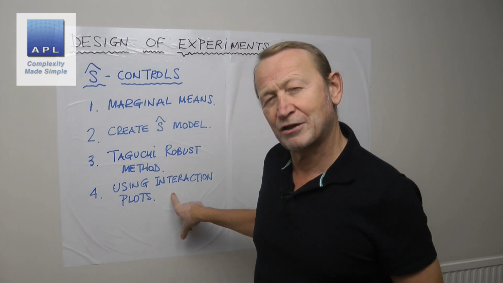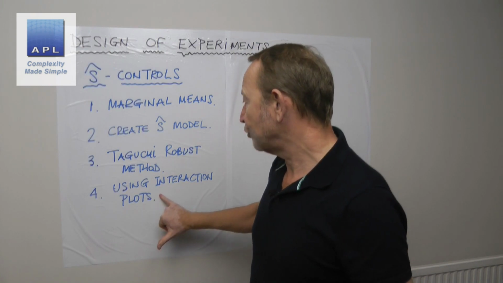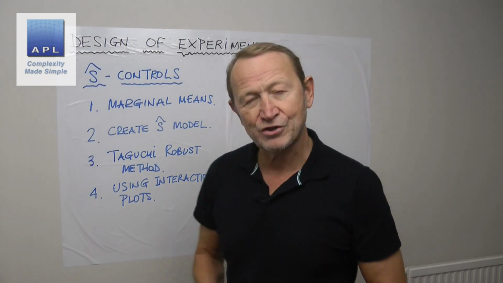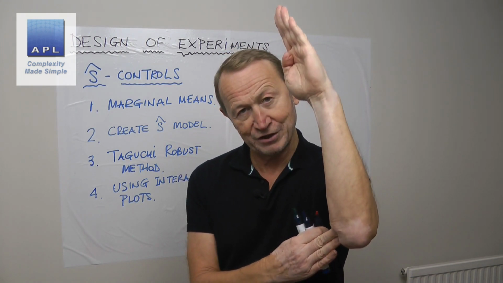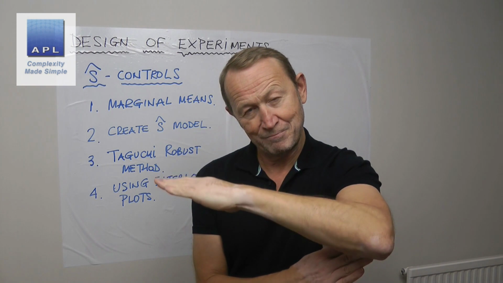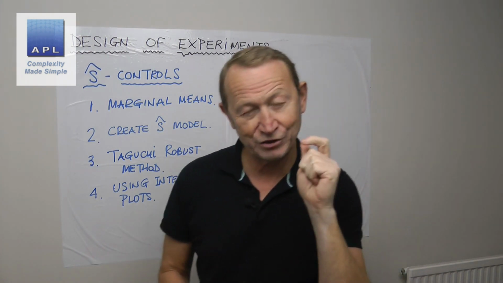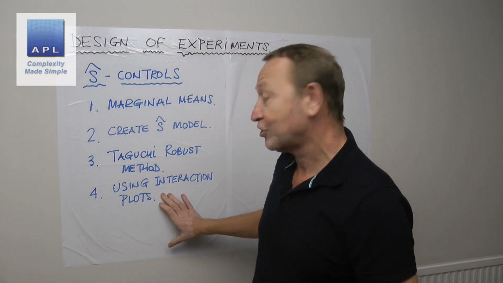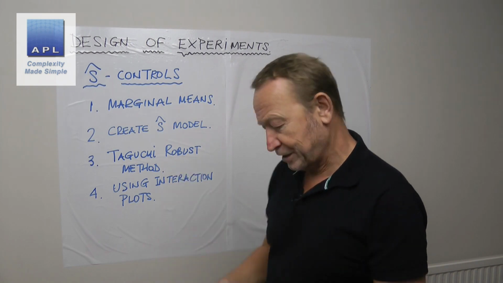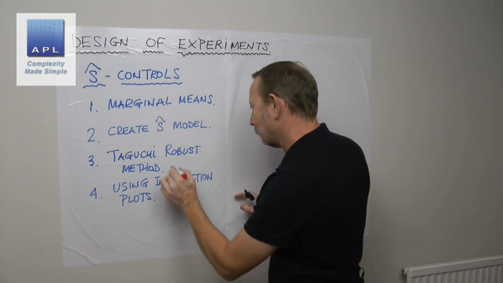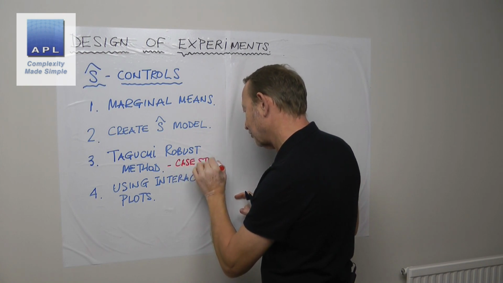You saw this get used in the molding case study. So we are going to show you how to use an interaction to take a variable that the process might be sensitive to and make the process less sensitive using an interaction to do that. So that's going to be covered in a couple of special exercises. We're now going to take a look at this one, and we're also going to cover it with a case study.